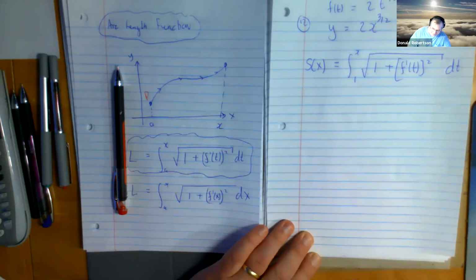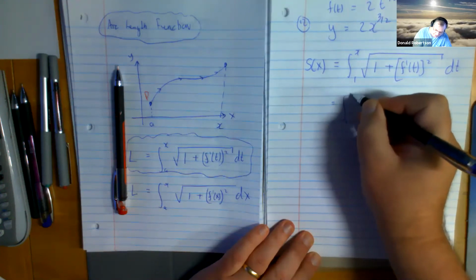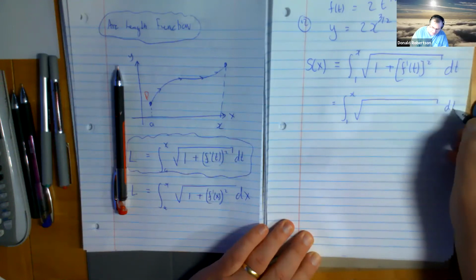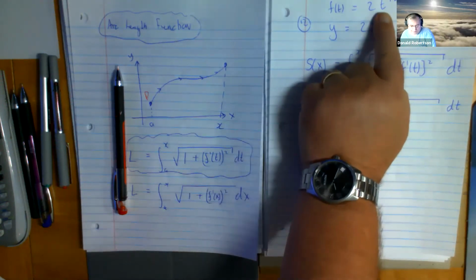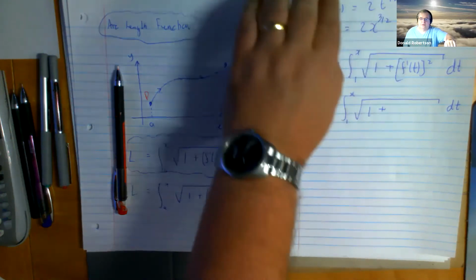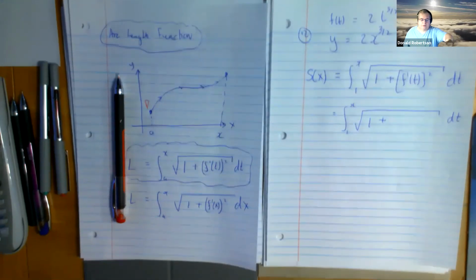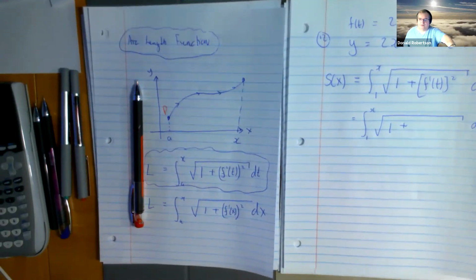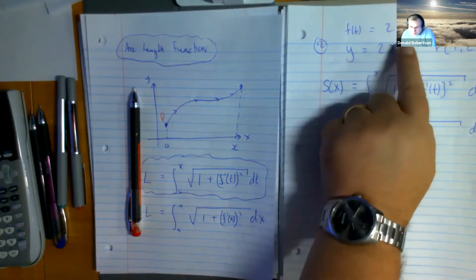So if you think of that as being this, then we get an integral from 1 to x. If you differentiate this, it's power rule.